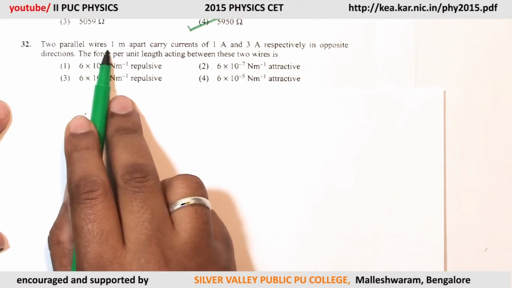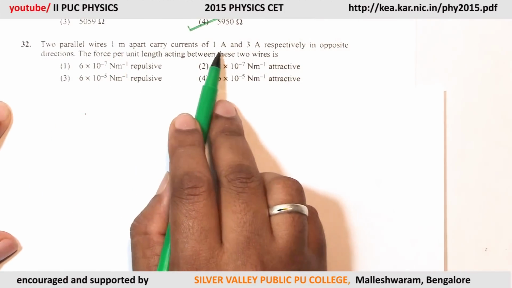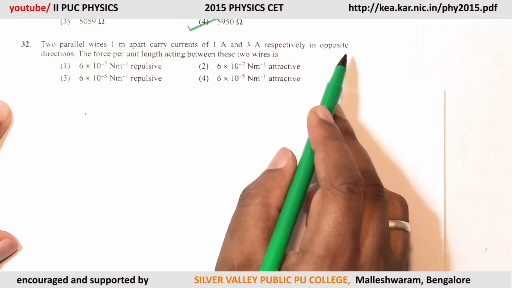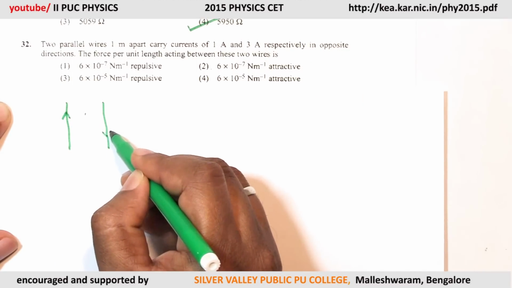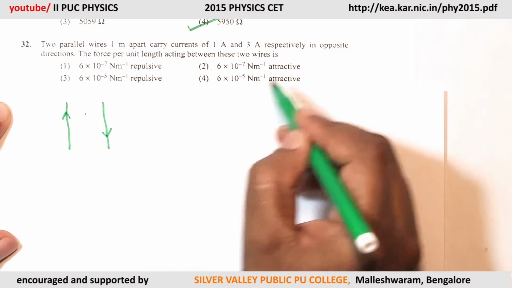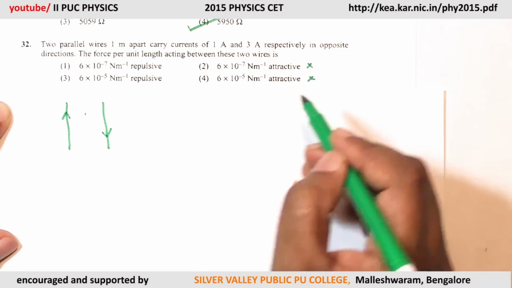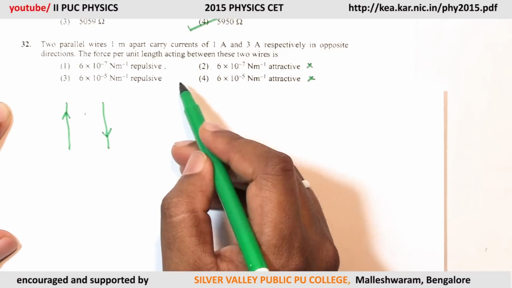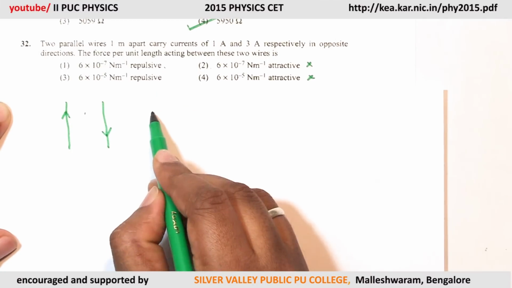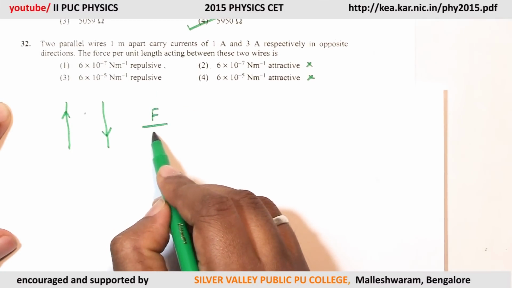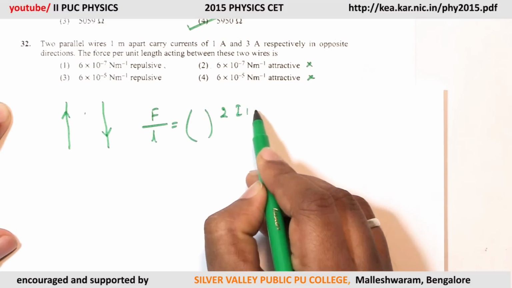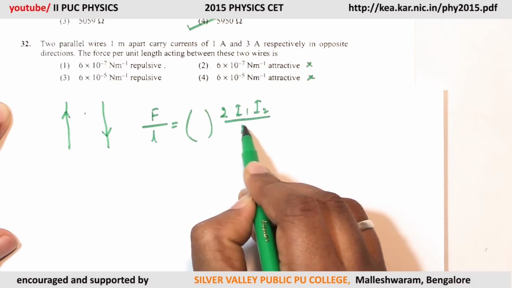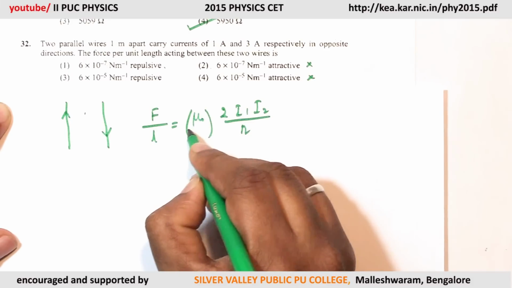Two parallel wires 1 meter apart carry currents 1 and 3 respectively in opposite directions. Two straight parallel conductors with currents in opposite directions means repulsive. We have to decide between these two. Force per unit length equal to constant 2 I1 I2 by R. This is mu naught by 4 pi.